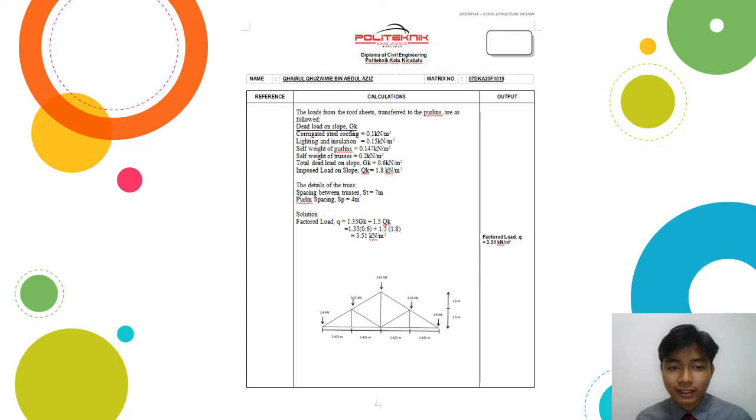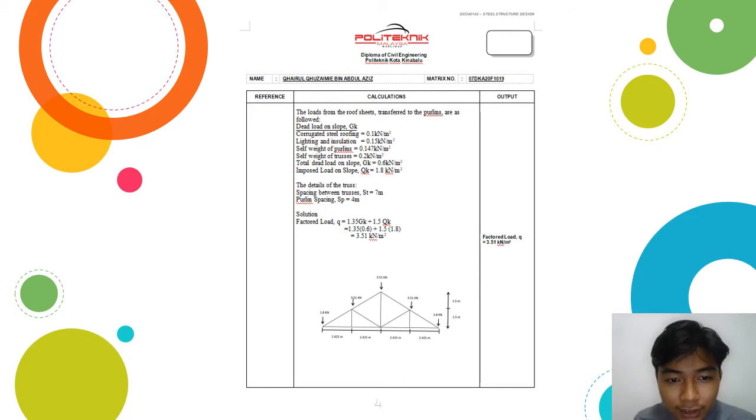The detail of the truss is: spacing between the trusses, or ST, is 7 meter and purlin spacing is 4 meter. So the solution is, we factor load Q using the formula we know, 1.35 GK plus 1.5 QK.